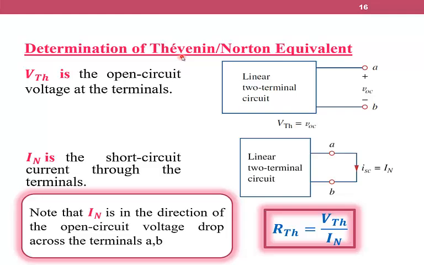After determining Thevenin and Norton equivalent, you could divide V Thevenin by I Norton. It will give you R Thevenin. V Thevenin is the open circuit voltage at the terminal, and I Norton is the short circuit current through the terminal.